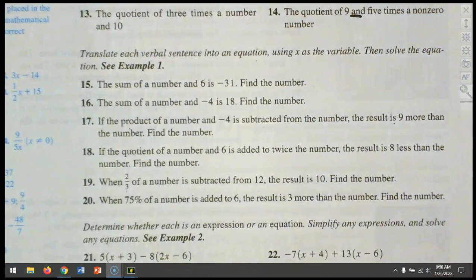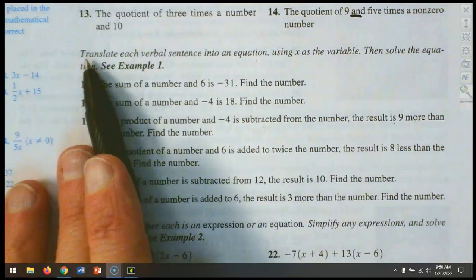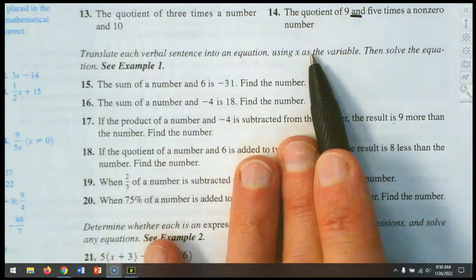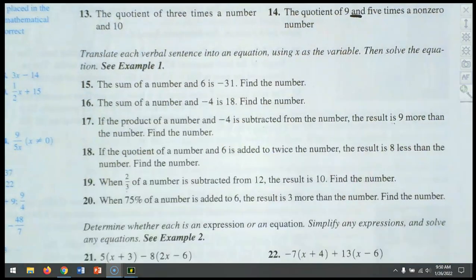First thing I always do is I read the directions. Very, very important that we read the directions so we know what to do. And so it says, translate each verbal sentence into an equation using the variable x, and then solve that equation. So if we're looking at an equation, that means we've got an equal sign.